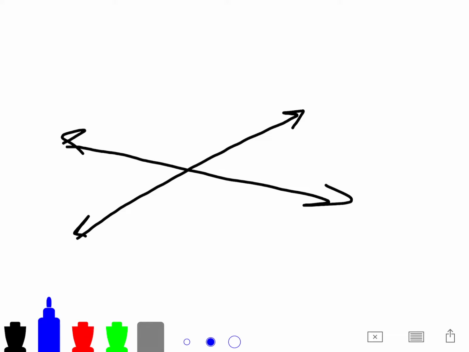So where are my obtuse ones? Obtuse means bigger than 90. These are my obtuse ones. They're super big, right? No matter how I draw these, the opposites are always going to be the same. This is a vertical pair, and here's another vertical pair.